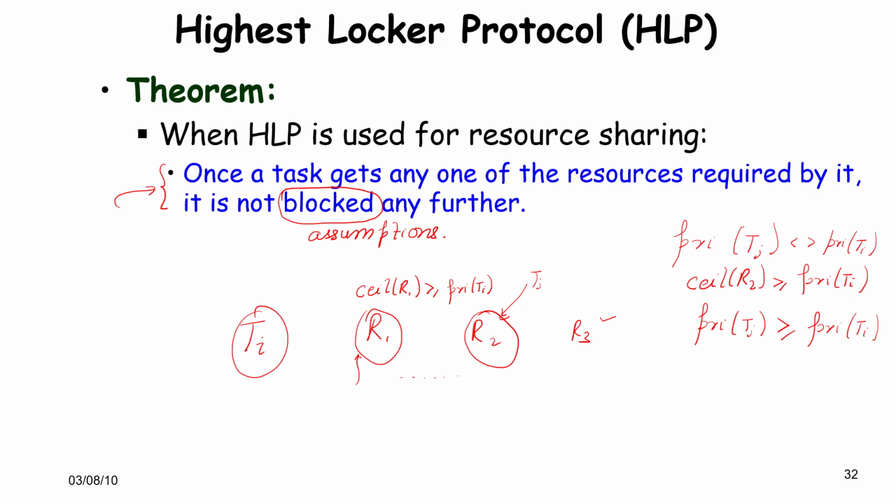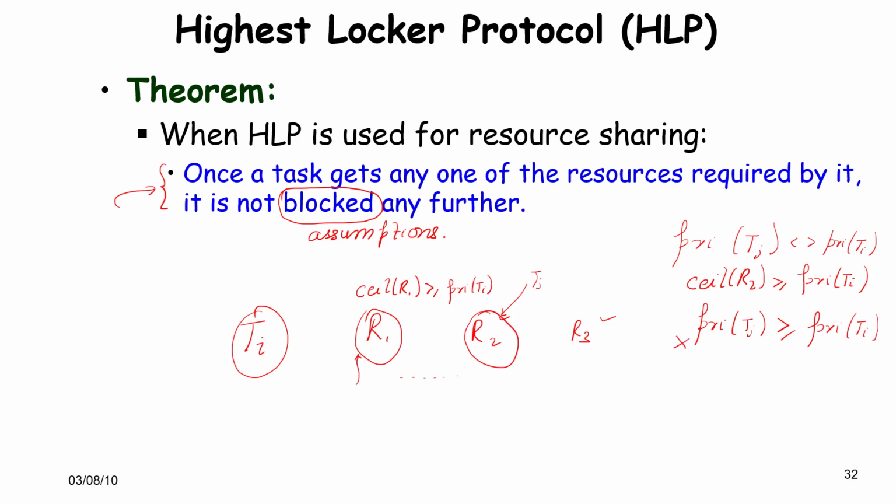The important point is, if that is indeed the case, then Tj should be executing. There is no reason for Ti to be executing. Given that Tj holds a resource, it is the one that should be executing at this point of time. And the fact that Ti is executing means that this is not the case.